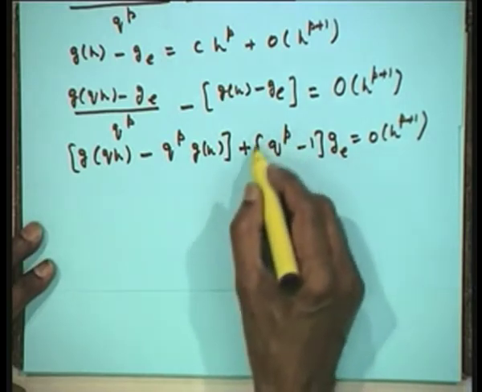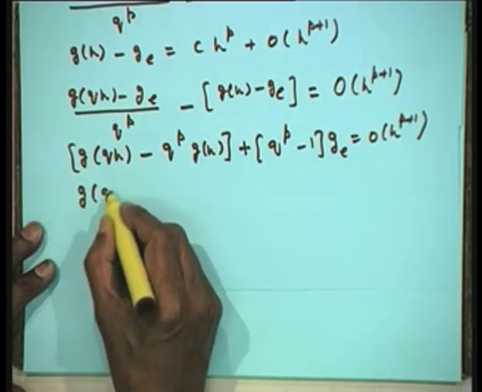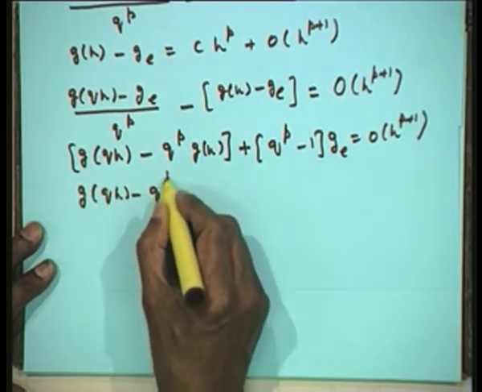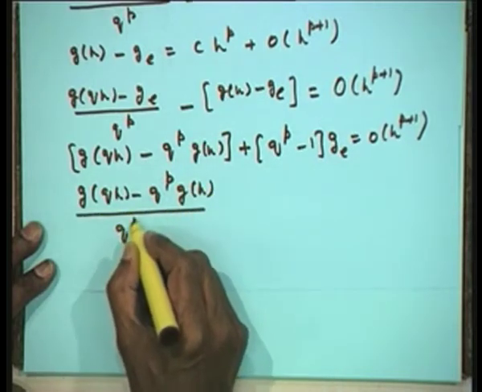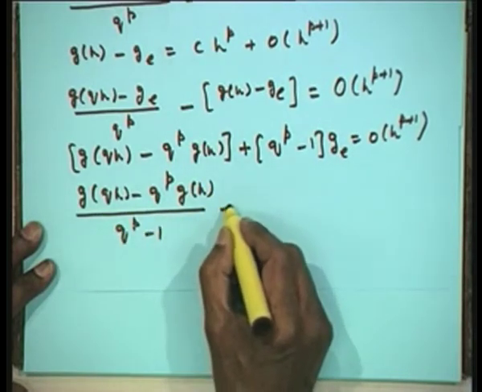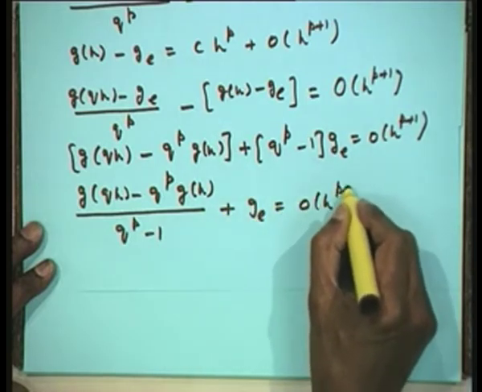Now, if I divide throughout by q to the power of p minus 1, I would have the expression g of q h minus q to the power of p g of h divided by q to the power of p minus 1 plus g of e is order of h to the power of p plus 1.